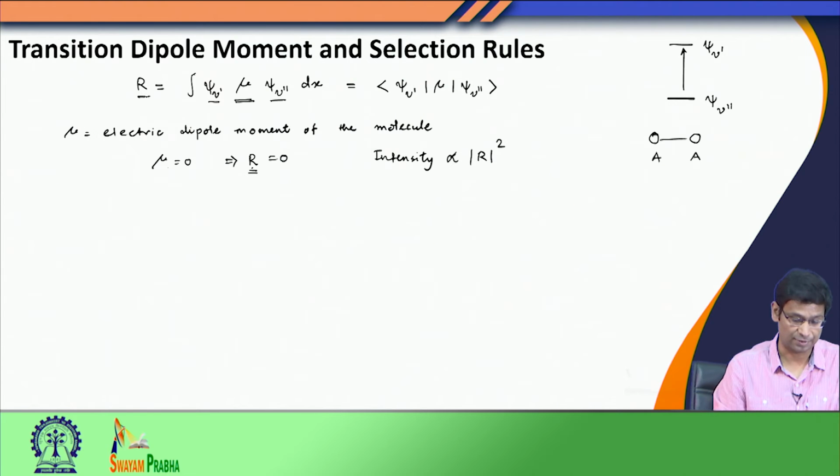Now, let us come back to our situation where it is not homonuclear, rather it is heteronuclear. So the 2 atoms are different, and therefore mu is not 0 here anymore.